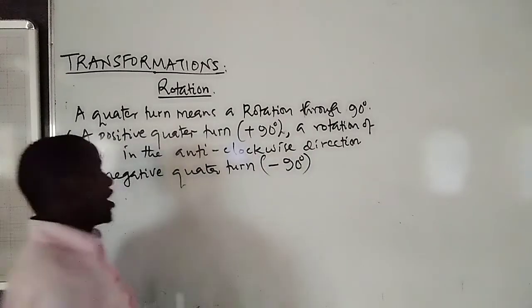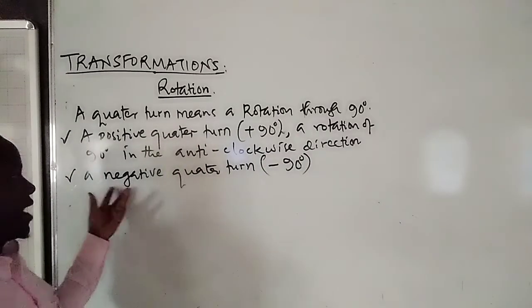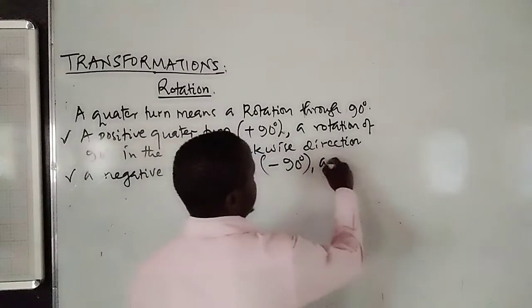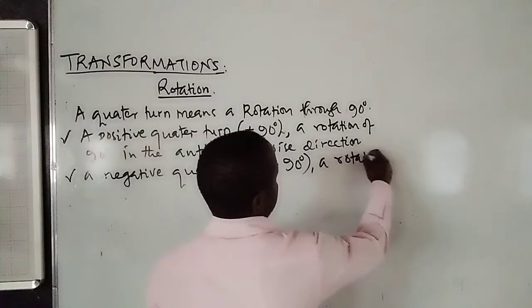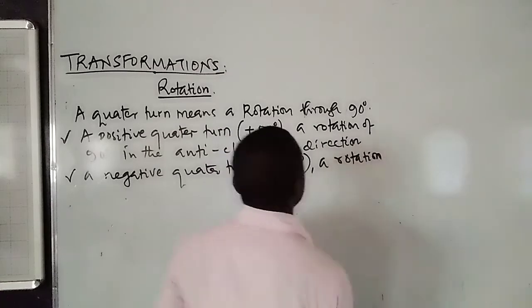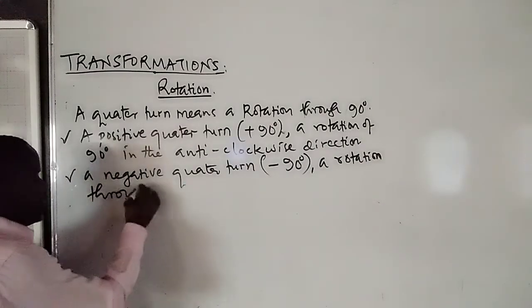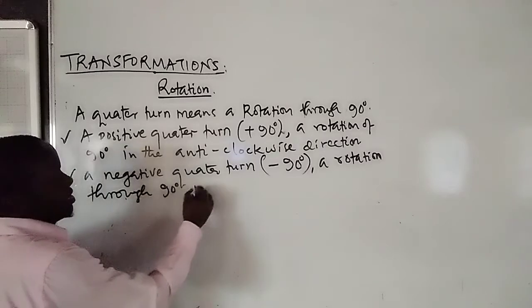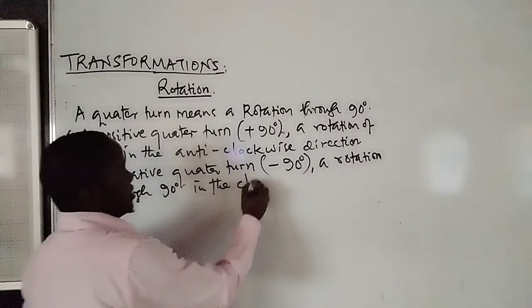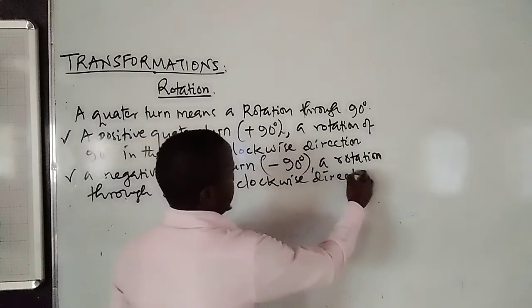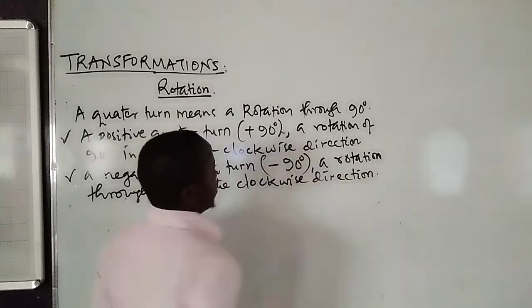So when you hear an object has gone through a negative quarter turn or negative 90 degrees, it represents a rotation through 90 degrees in the clockwise direction.